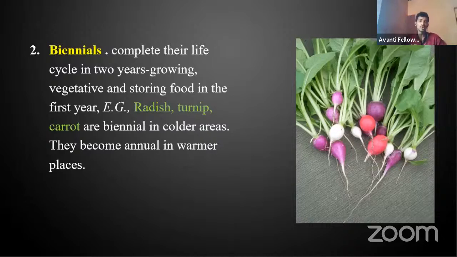That's why even though you plant carrot or radish on your farm, you get it within 1 year, because they act like an annual in warmer regions. If you plant the same thing in Europe or the upper hemisphere, in temperate regions, then they will act like biennials.